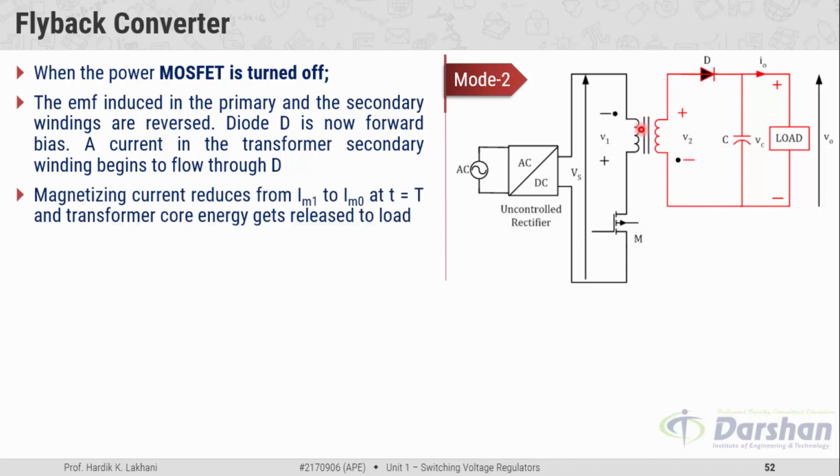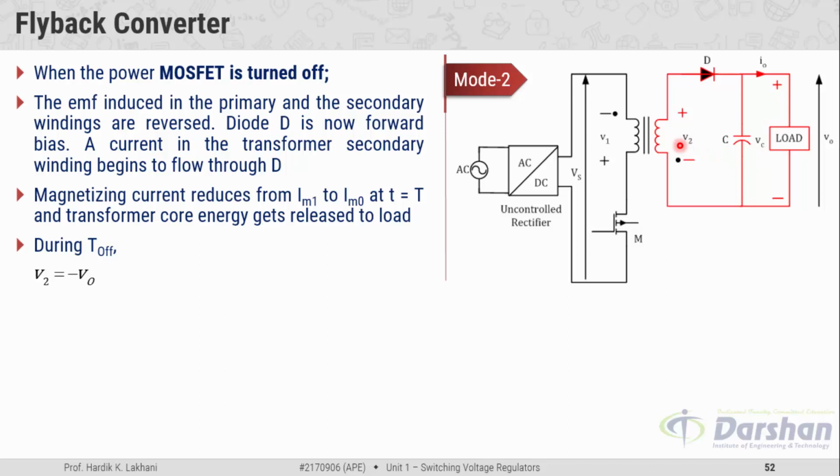So the magnetizing current reduces from the maximum value Im1 to Im0 by the time instant t is equal to T, and the transformer core energy gets released into the load. During the t off, voltage across the secondary winding is equal to minus VO.